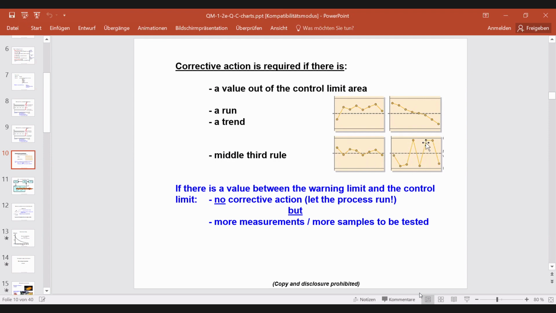Too many measurements are directly here near the tolerance, and maybe in this case the variation is too high. Maybe the process has a problem, and this causes the high variation.